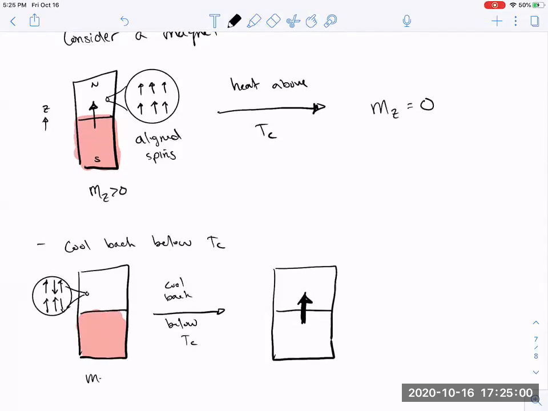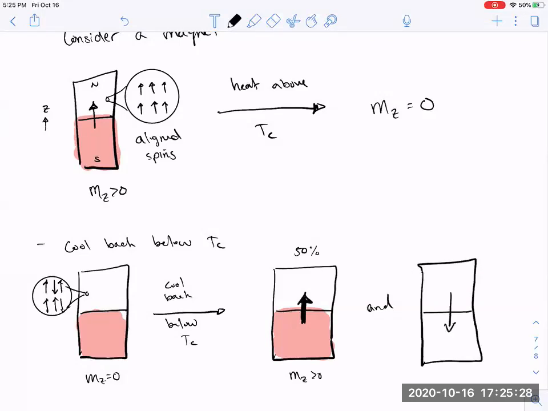So while mz starts at 0 above Tc, it could go to something finite and positive. However, that would only be about 50% of the time. The other 50% of the time, it would generate a magnetic moment pointing in the opposite direction.